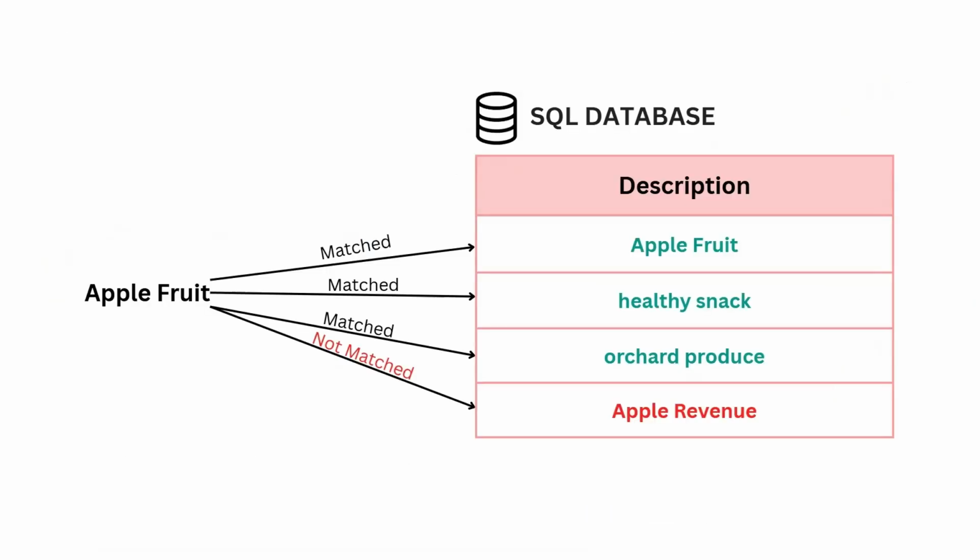Take an example of querying apple fruit. It will match documents containing red fruit, orchard produce, or even healthy snack because they are semantically related to apple as a fruit. It will not match apple revenue, as the context here is all about the company, not the fruit.